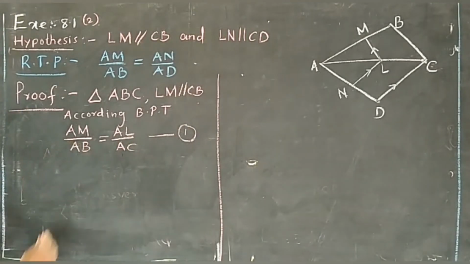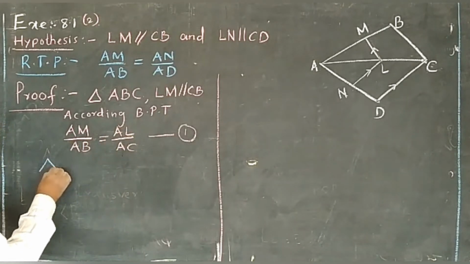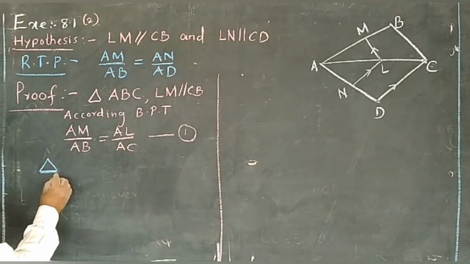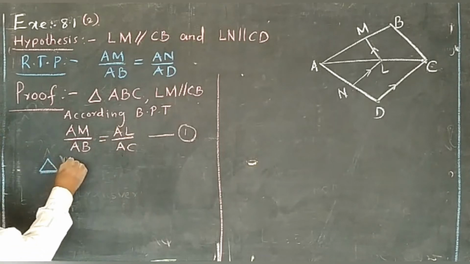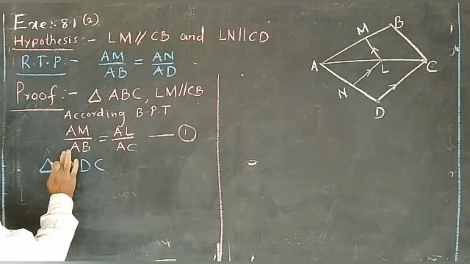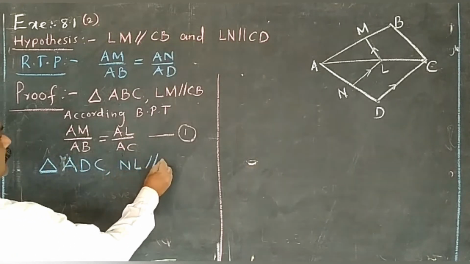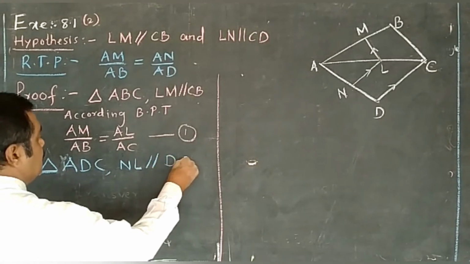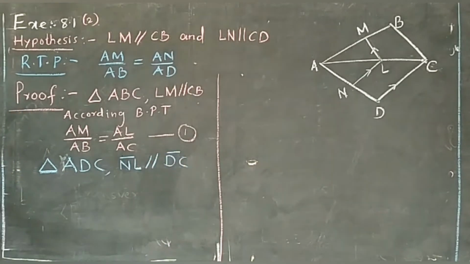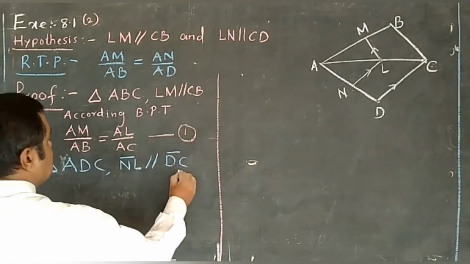And I am going to take the lower triangle, that is triangle ADC. In triangle ADC, NL is parallel to DC. This is given.